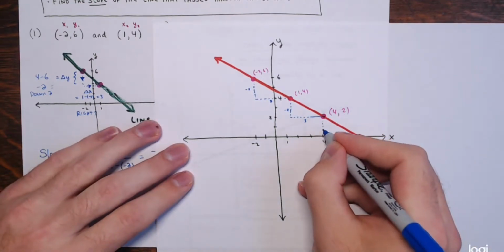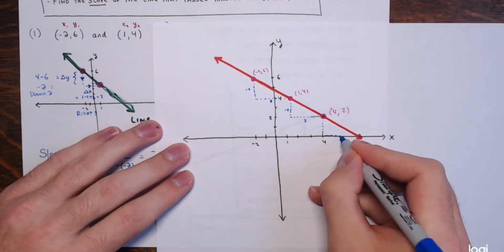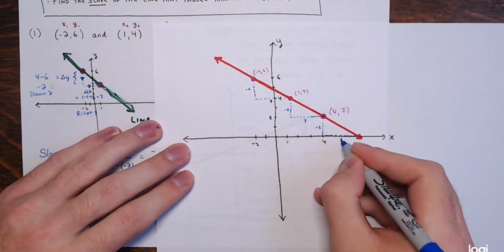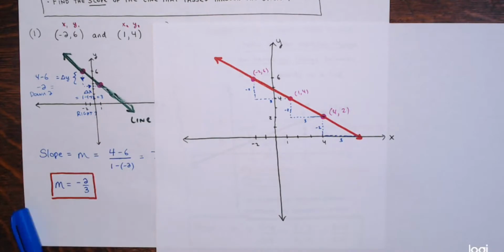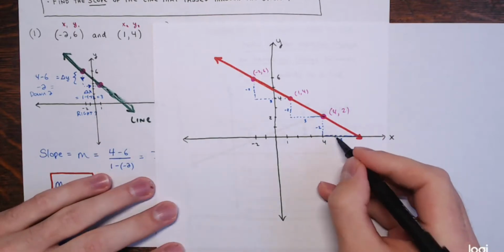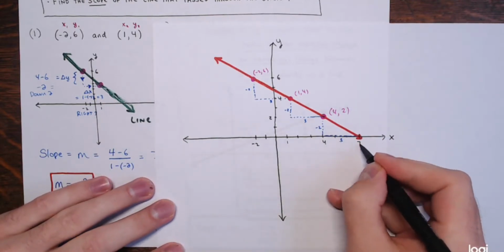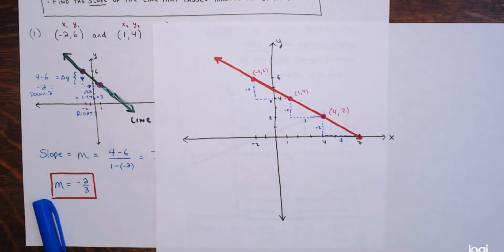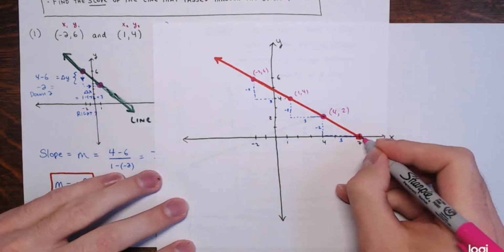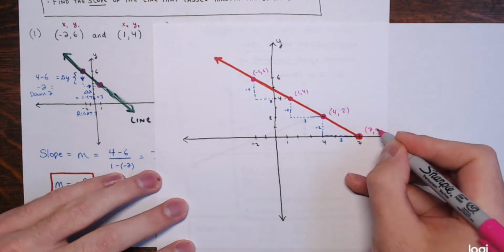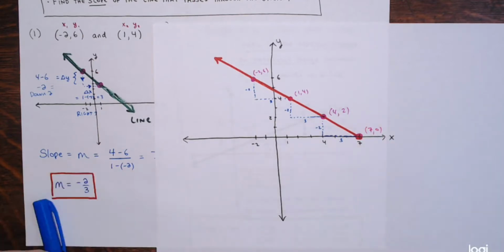Go down 2, right 3, and we're at another point on the line. And that would actually be 7, 0. That would be the x-intercept of this particular line.